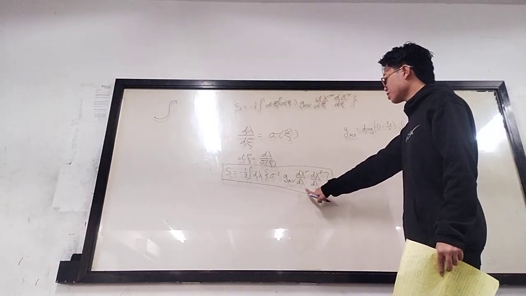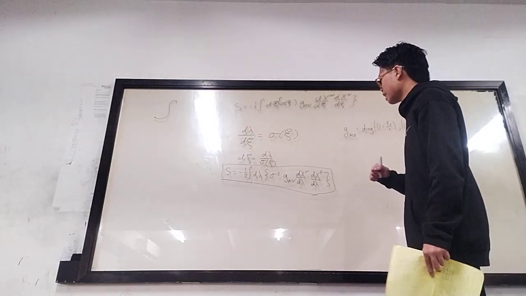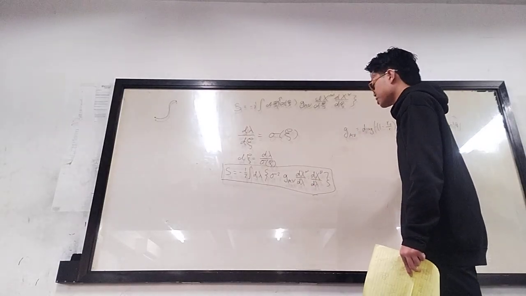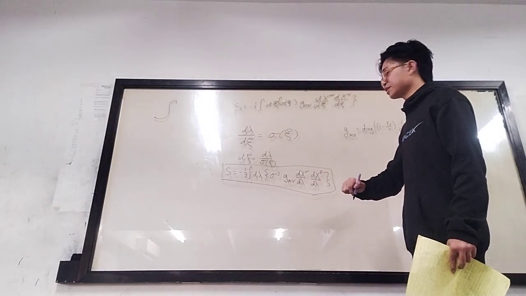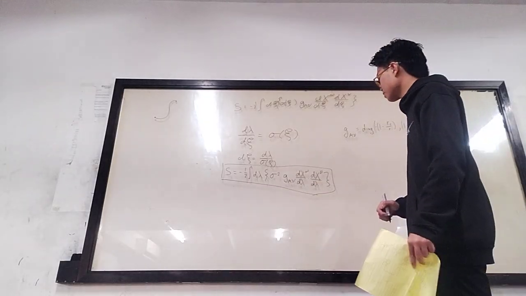So if I want to consider this, I would contract a certain x mu nu with each of these, sum them, and then multiply by this over here.